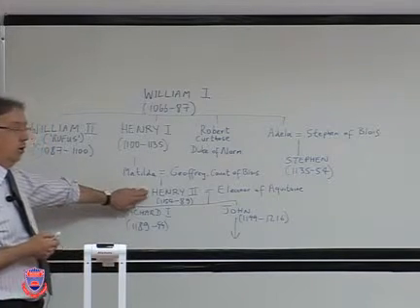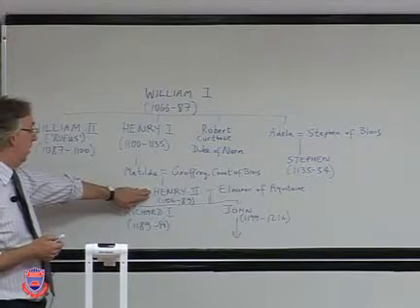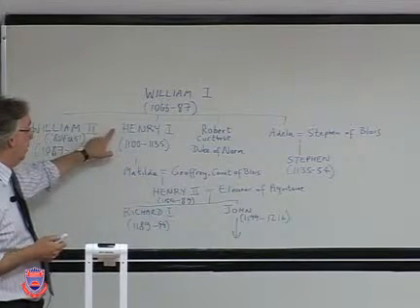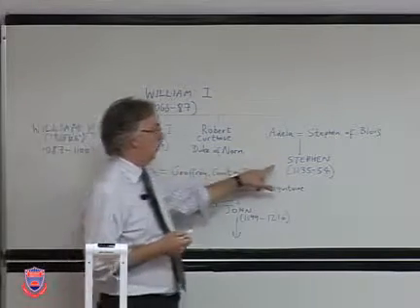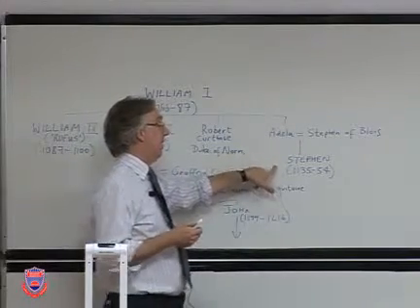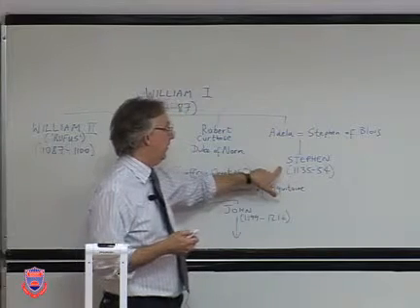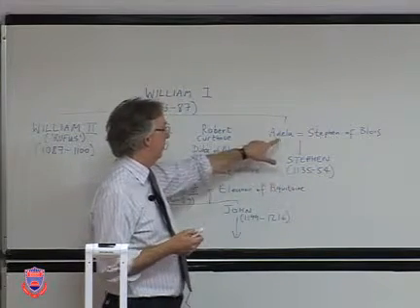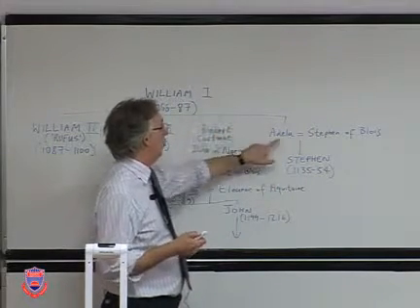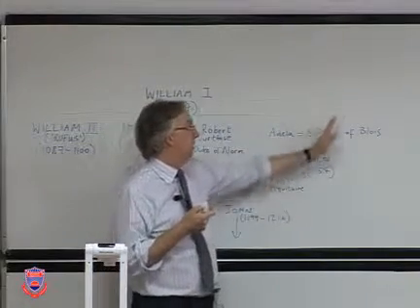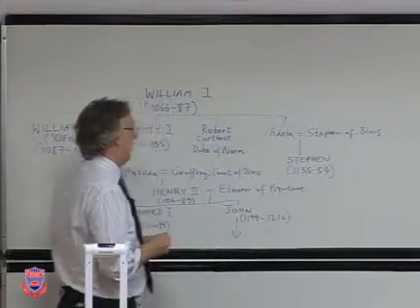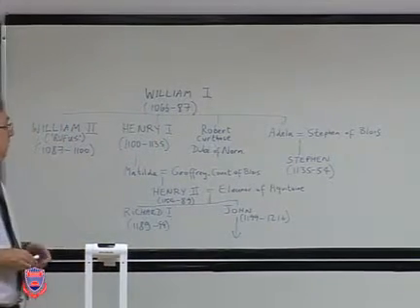Angevins begin with Henry II here, who was grandson of Henry I through his mother. And in between those guys, we have the slightly anarchic reign of King Stephen, who was grandson of William the Conqueror, but through William's daughter. So in terms of paternal inheritance, he was Count of Blois, and so on, from his father.